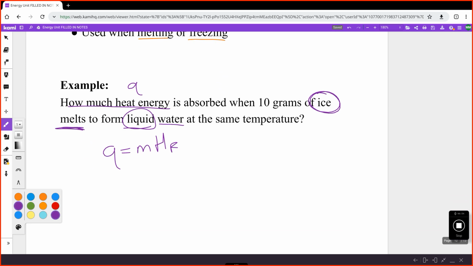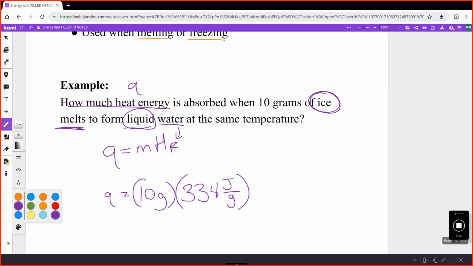What I know is that I have 10 grams. HF for water is on the reference table. That value is a set value. Anytime water is freezing or ice is melting, it always requires 334 joules per gram.